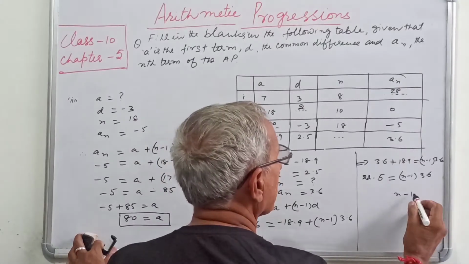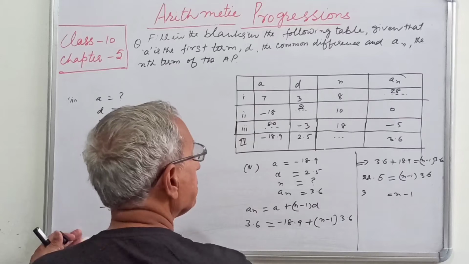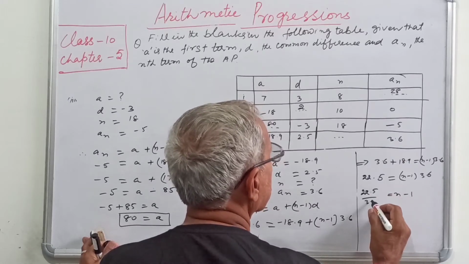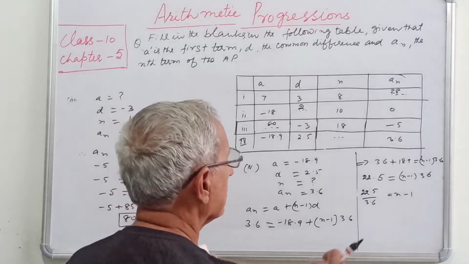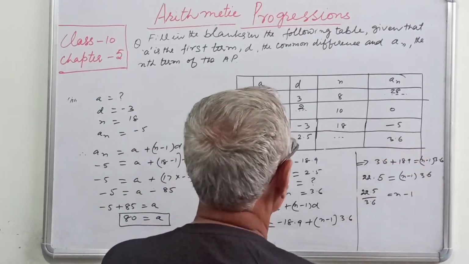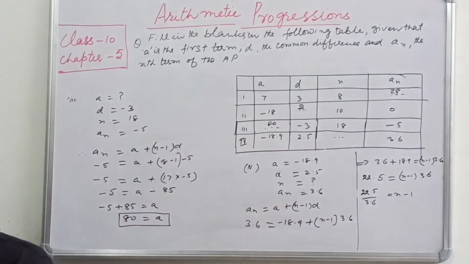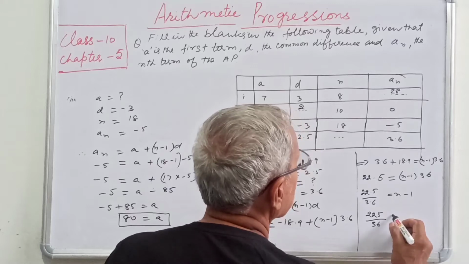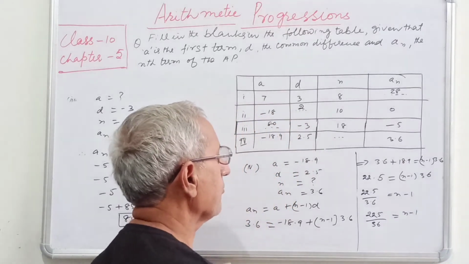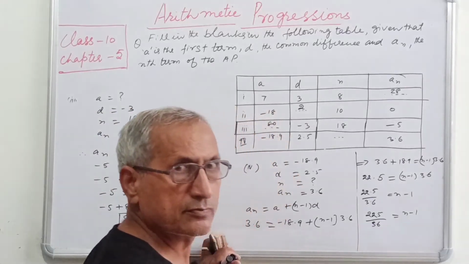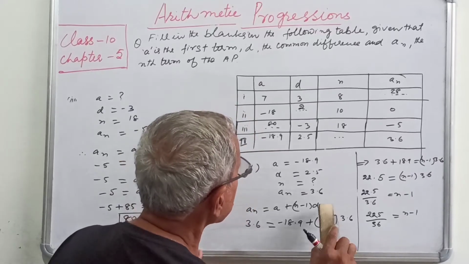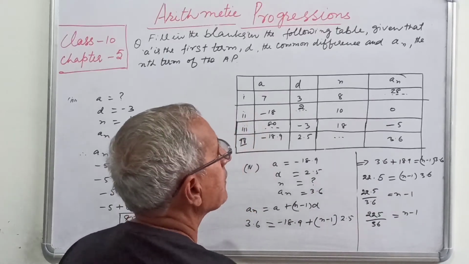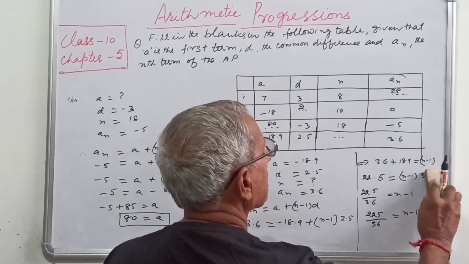So value of n minus 1 will be 22.5 divided by 2.5. Make a correction here: the value of d is actually 2.5.